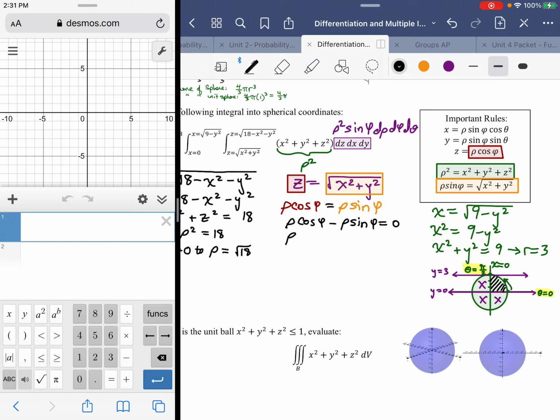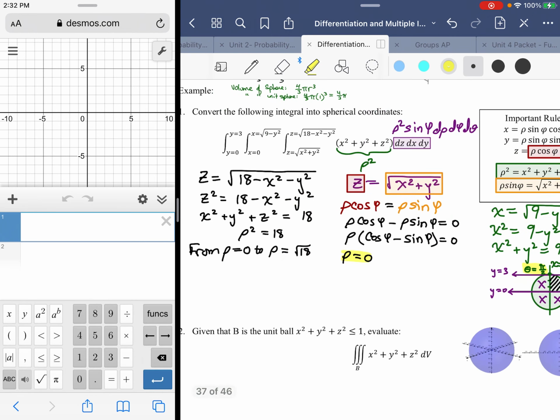Factor out a rho, you have rho times cosine of phi minus sine of phi equals 0. It's quadratic in nature, product of two first degree expressions. So rho equals 0. So that confirms this theory.